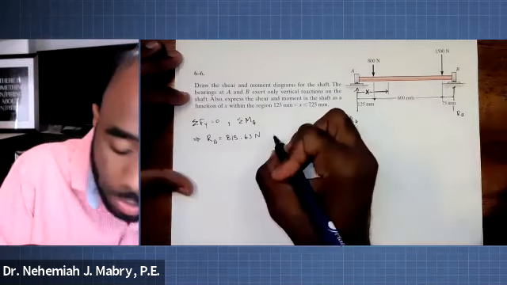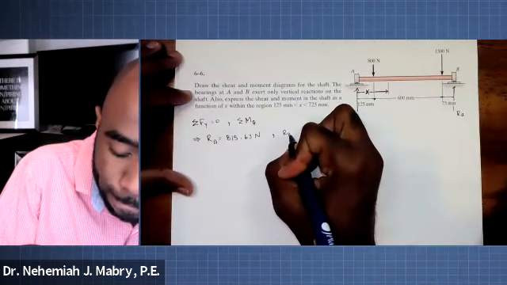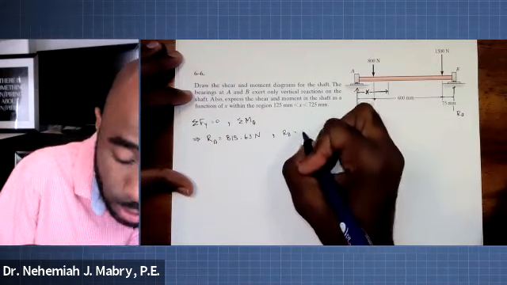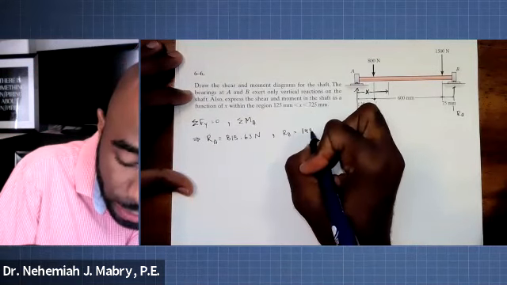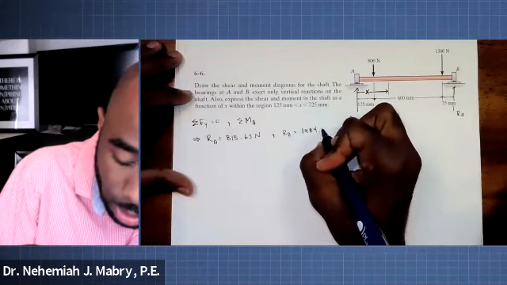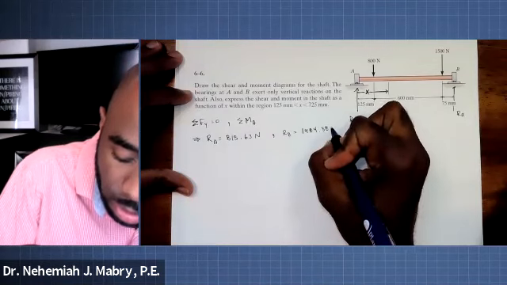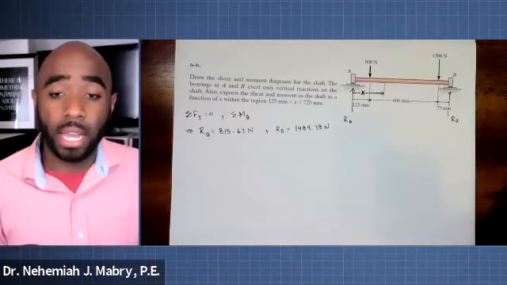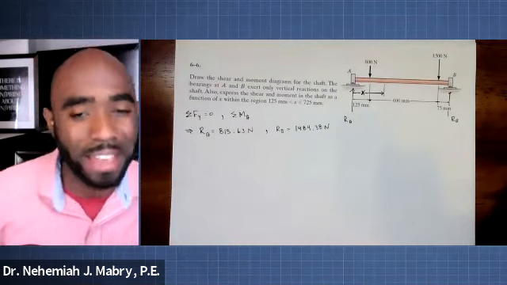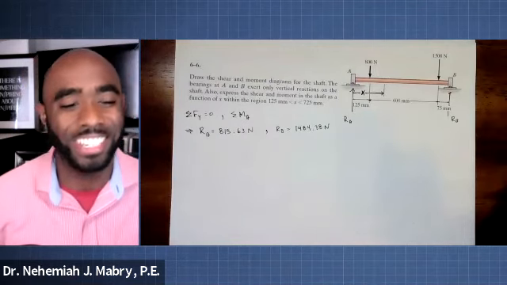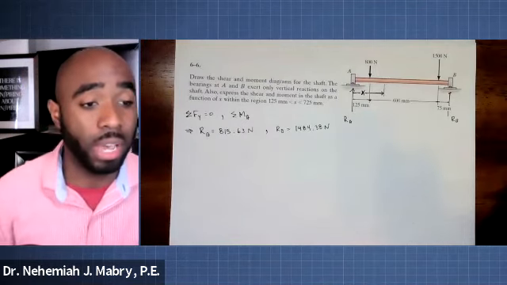And your RB has a value of 1484.38 newtons. I encourage you to pause if you don't trust the math and see if your calculator concurs with mine. But those are the values we have right now.